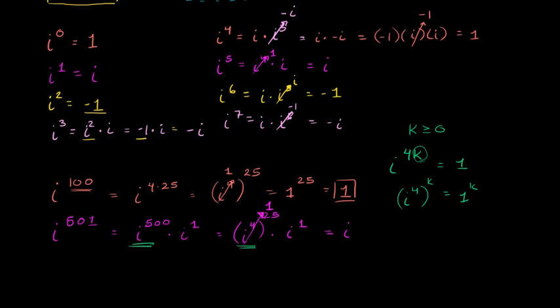So let's try that with a few more problems, just to make it clear that you can do really, really arbitrarily crazy things. So let's take i to the 7,321st power. Now, we just have to figure out that this is going to be some multiple of 4 plus something else. You could just look at it by sight that 7,320 is divisible by 4. You can verify that by hand, and then you have that 1 left over. So this is going to be i to the 7,320 times i to the 1st power.